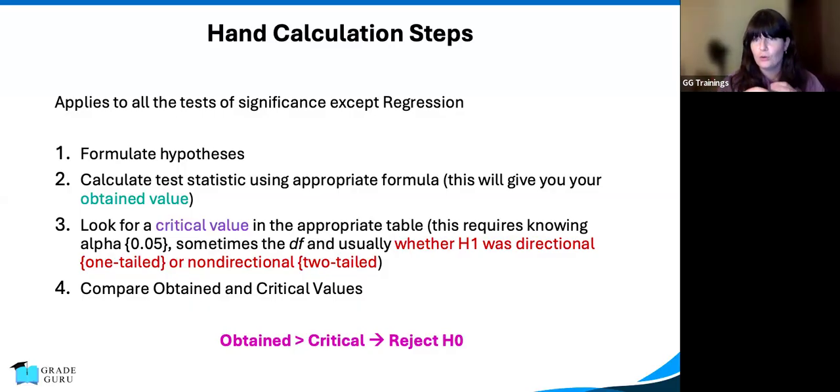And you need to know whether your H1 is directional, one-tailed, or non-directional, two-tailed. And then step 4, once you have your obtained and your critical value, you compare them side by side. If your obtained value is larger than your critical value, you reject H0. And this is true across the board with all of the hand calculations.